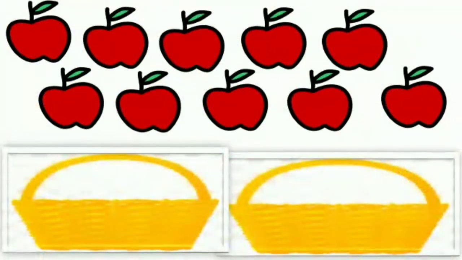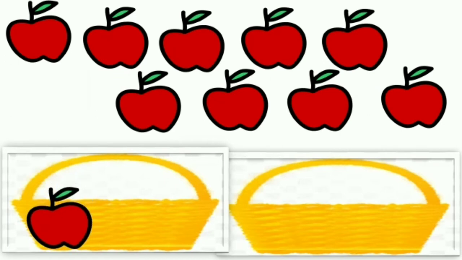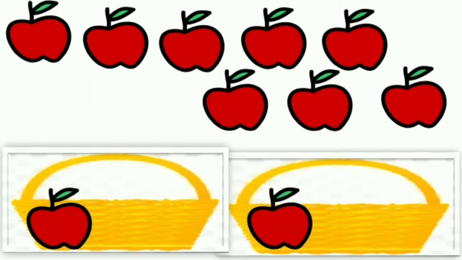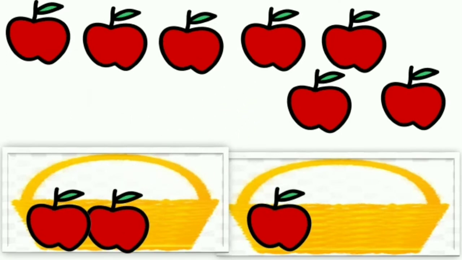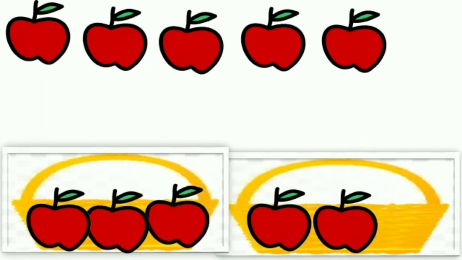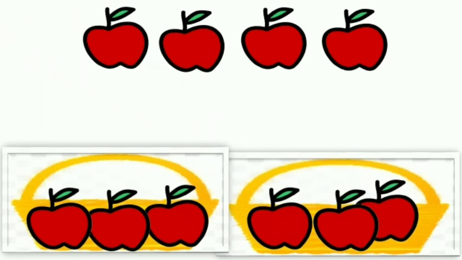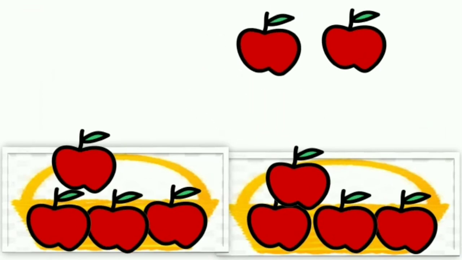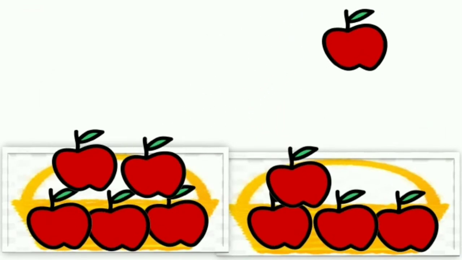Then they kept two baskets and started putting apples equally, one in one basket and the next one in the other basket. In a similar way, they kept on adding apples until their baskets were full. So children, this is what we call equal distribution.